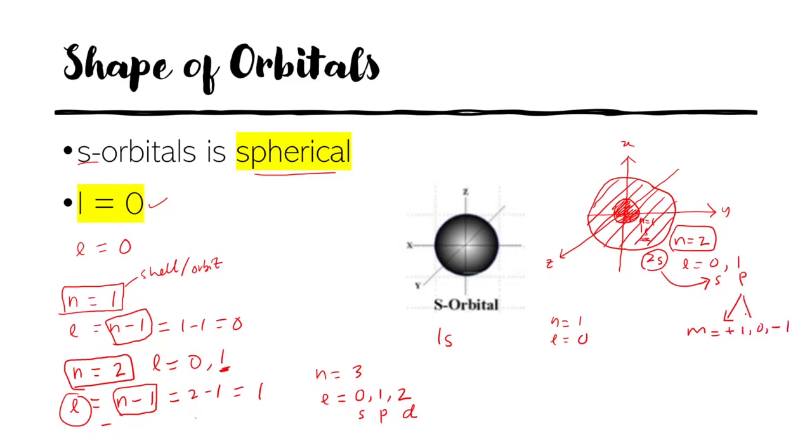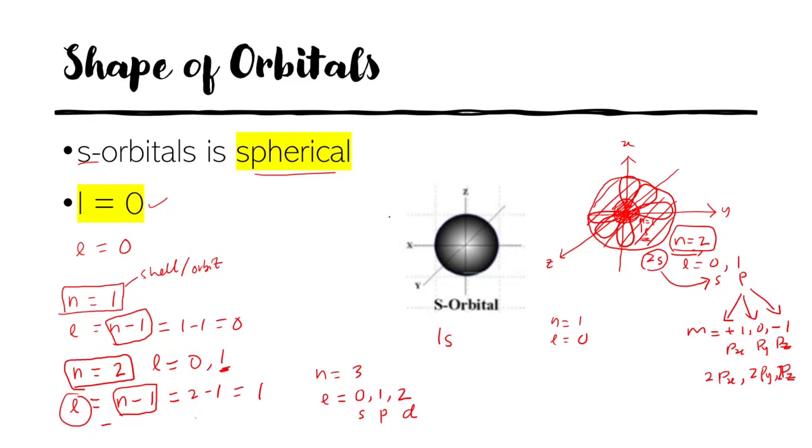So it means it has 3 orientations: Px, Py, and Pz. Remember, this is at orbit number 2, so this one will be 2Px, 2Py, and 2Pz.